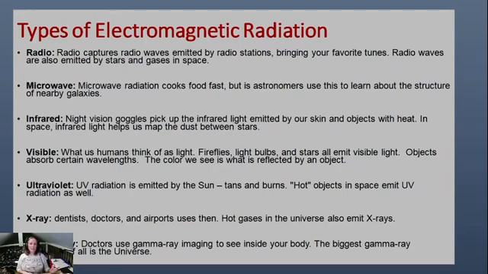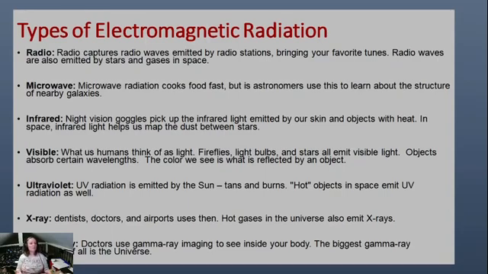Visible light, we can all associate with pretty well. Humans think of this as light: fireflies, light bulbs, stars. These all emit visible light, which you can tell. You can see the stars, right? So objects all emit and absorb certain wavelengths. The color that we see from an object is the wavelengths that are actually reflected.